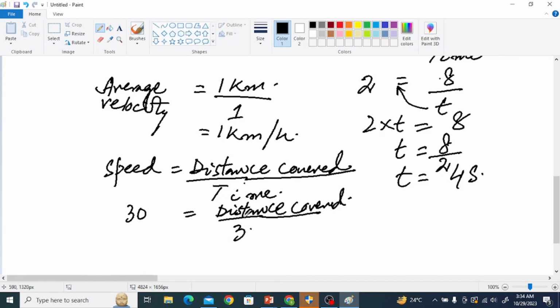Now to find this distance covered by the train, we have to shift this 3, the time in 3 seconds, towards the left side of the equation. So when you multiply this 30 by 3, you will get the distance traveled by the train in this 3-second duration of time.